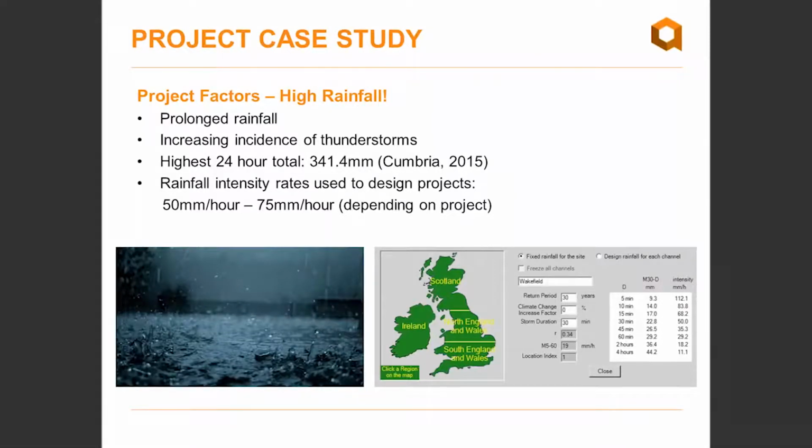The rainfall intensity rates used to design projects vary from 50 millimetres to 75 millimetres per hour. But what's happening more typically is there's a climate change factor added to the rainfall rate to take account of higher rainfalls, higher incidence of rainfall.